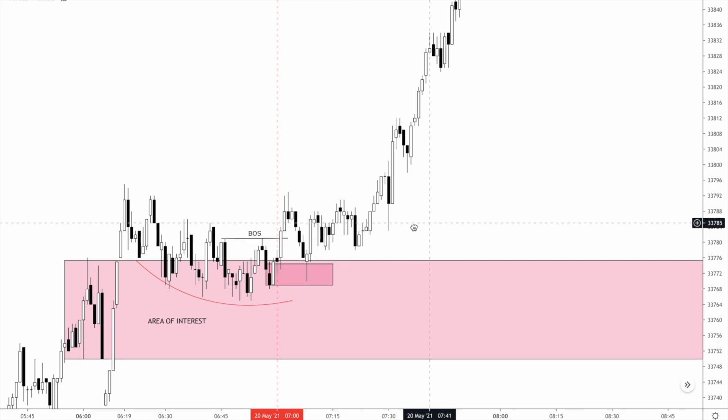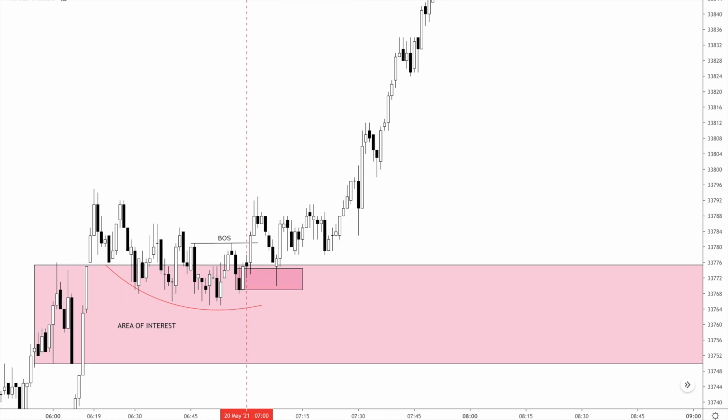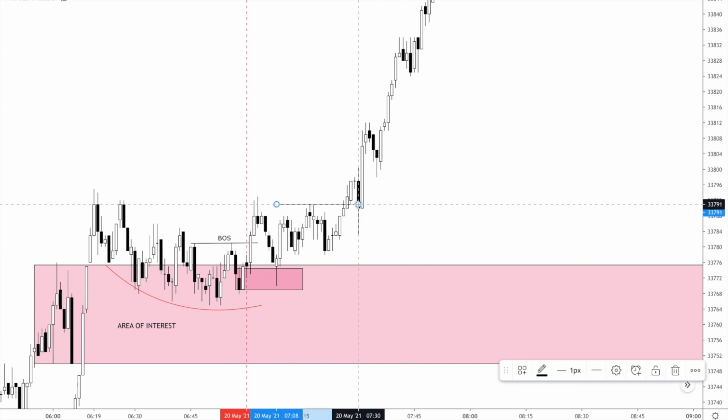So at 7:30 now, which is here, boom, 7:30, right? We see the market did the same thing. We have a breaker structure here, right?